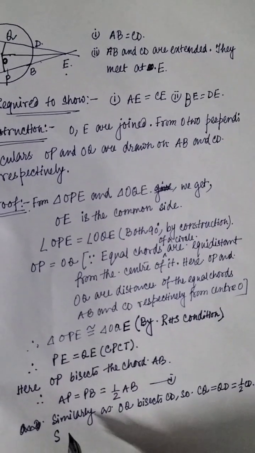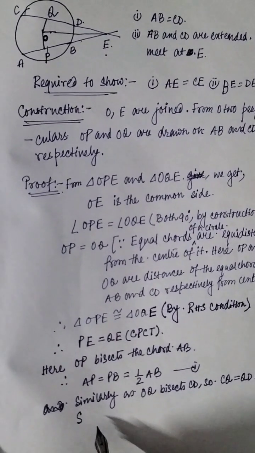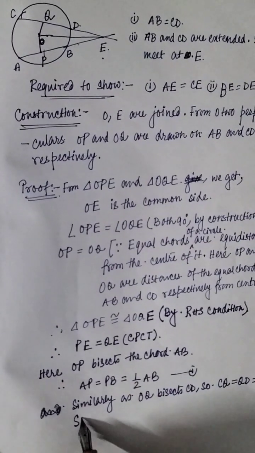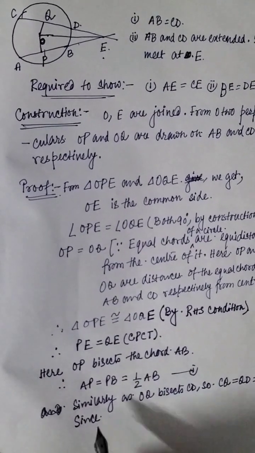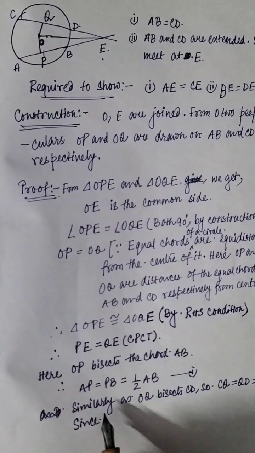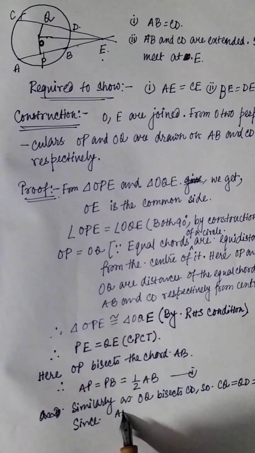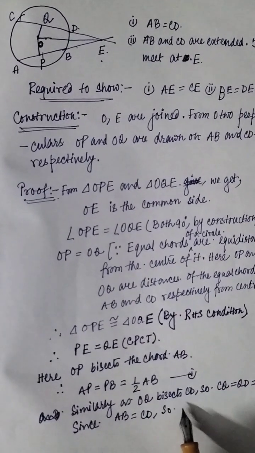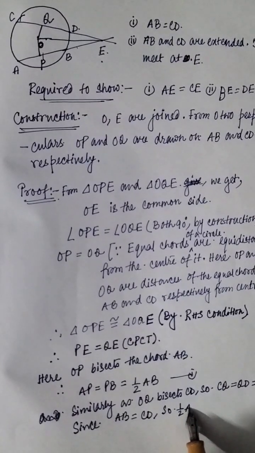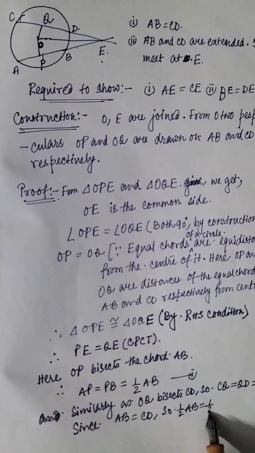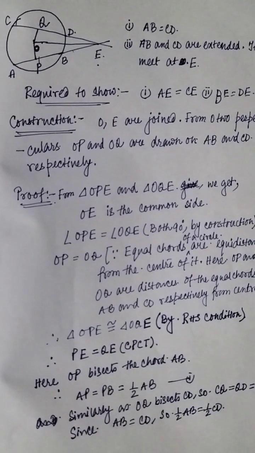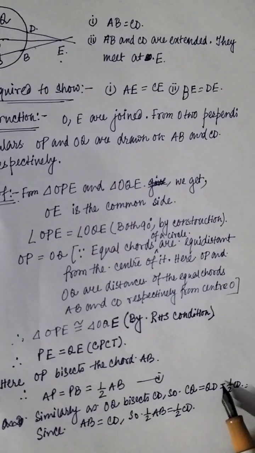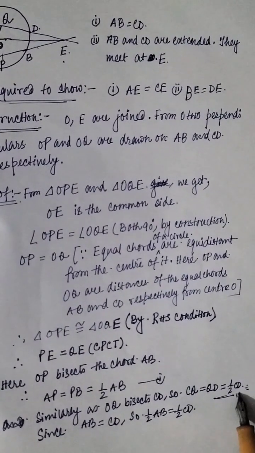Since AB equals CD, half of AB equals half of CD. Take this one as equation number 2.